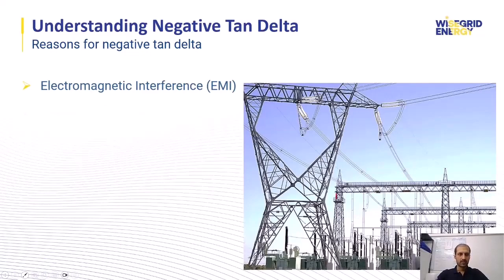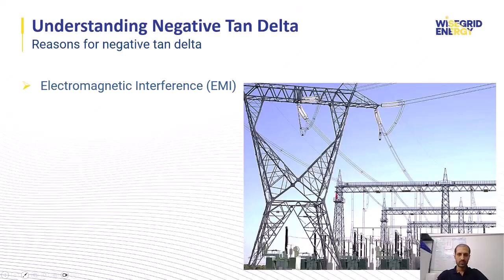Another reason is electromagnetic interference, EMI problems. Another important factor is the presence of noise in the system. Consider a transformer installed in a high voltage substation where overhead power lines with conductors run near the transformer.